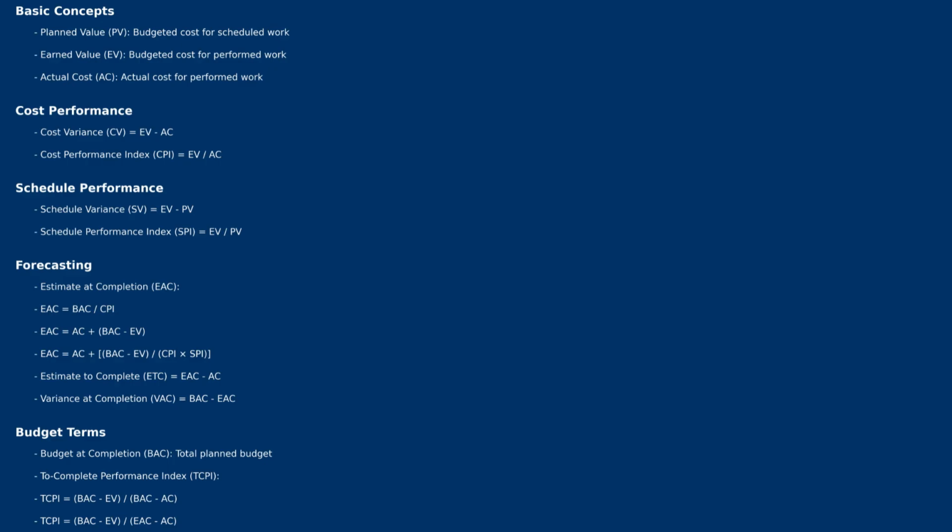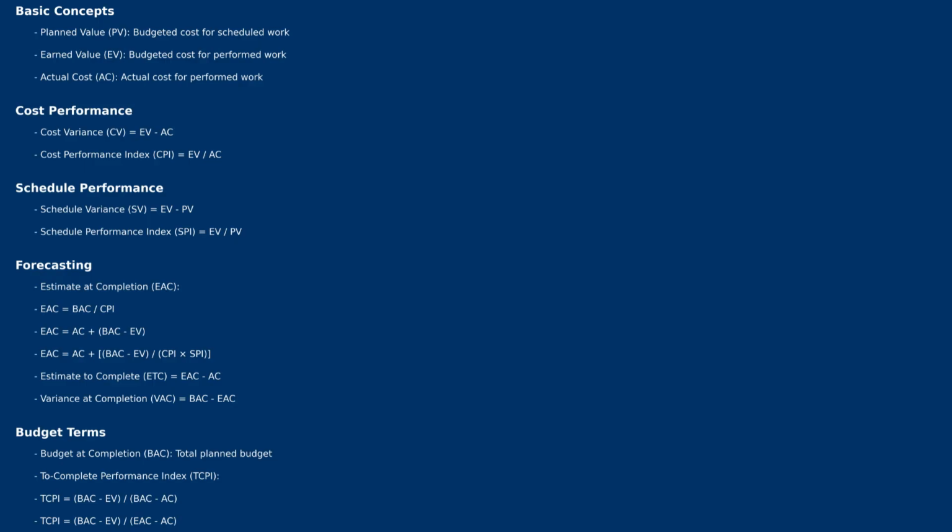How much more do you expect it to cost to finish the project? This is a forecast. VAC is a forecast, ETC is a forecast. VAC stands for variance at completion. As of today, as per the current situation, how much under budget or over budget do you expect to be at the end of the project?